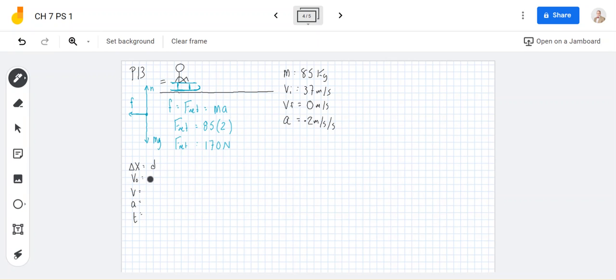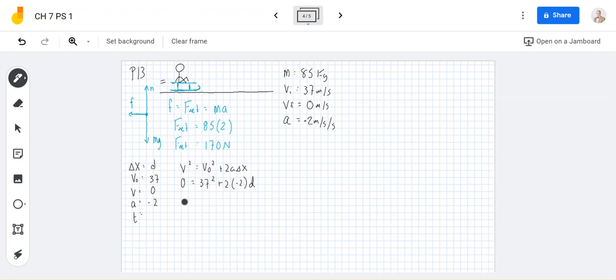We're going to call this d. The initial velocity is 37. The final velocity is 0. The acceleration is -2. I know that v squared is equal to v0 squared plus 2a delta x. 0 is equal to 37 squared plus 2 times -2 times d.